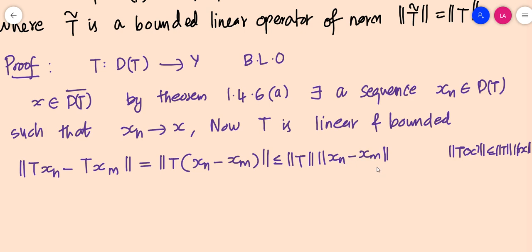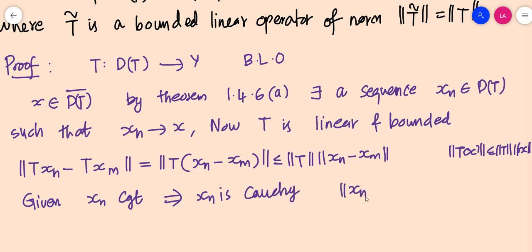Given that xn is convergent, which implies xn is Cauchy.